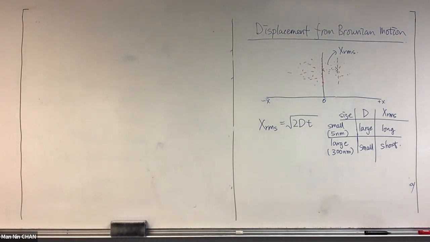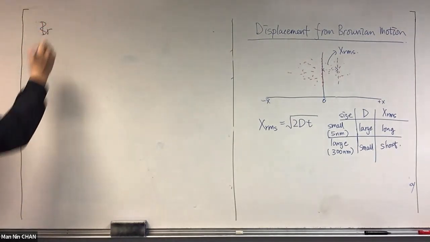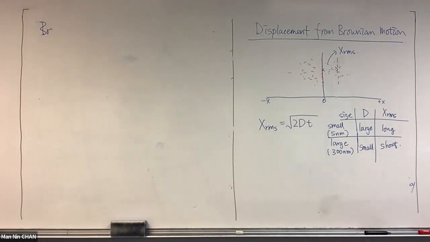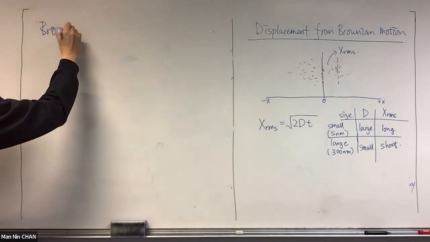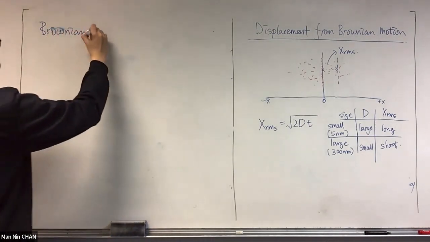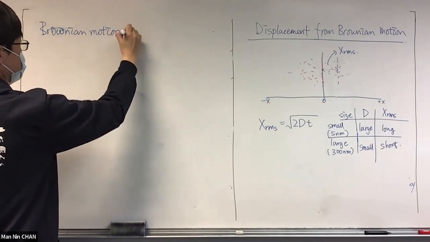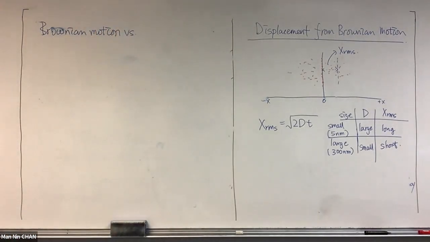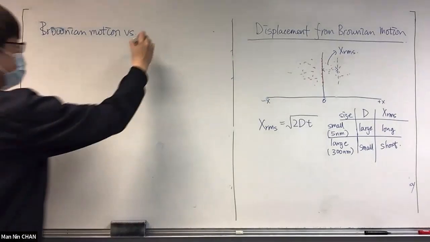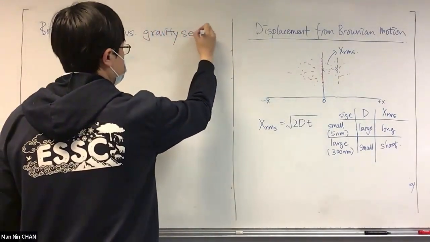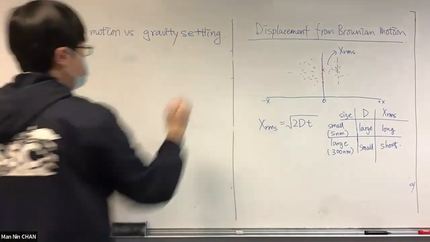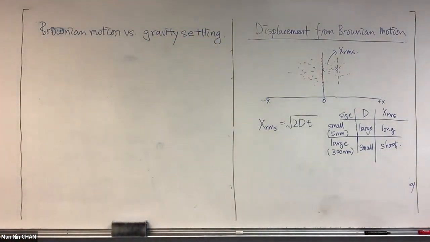We want to compare this Brownian motion versus the settling velocity, that means the gravity settling. So we want to compare these two processes.